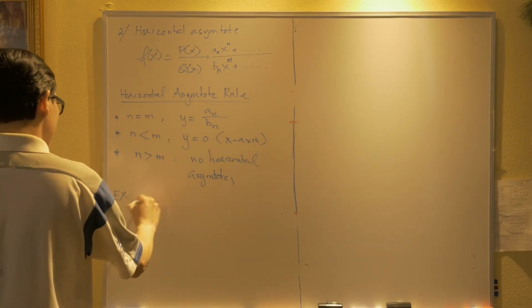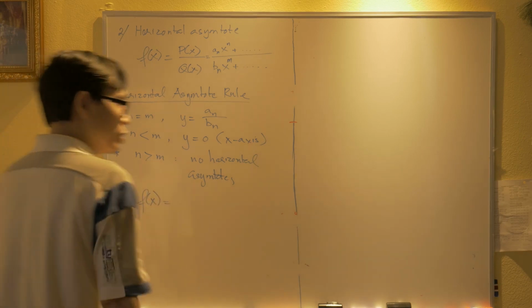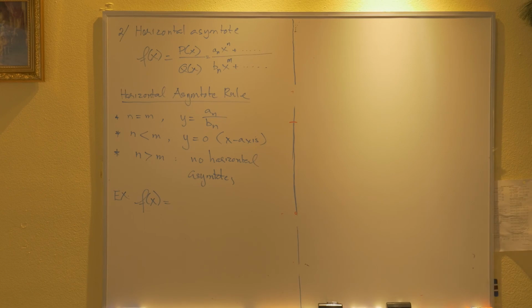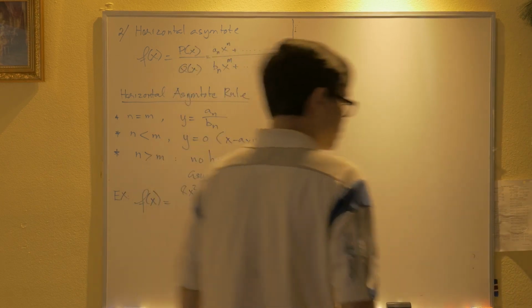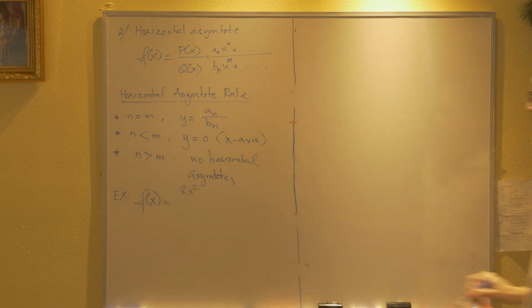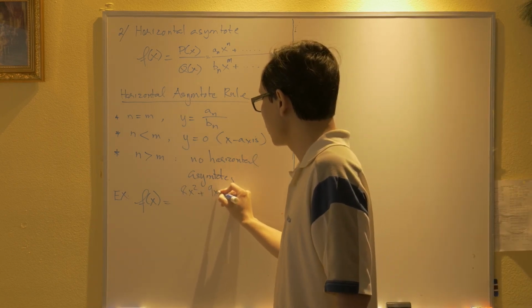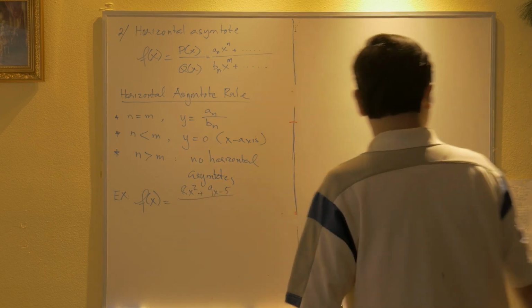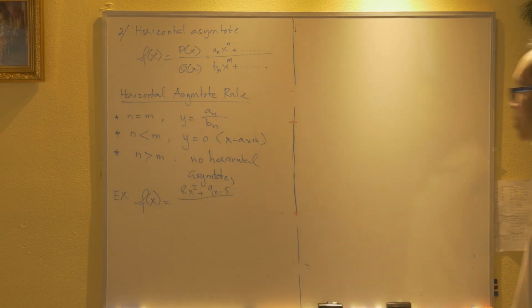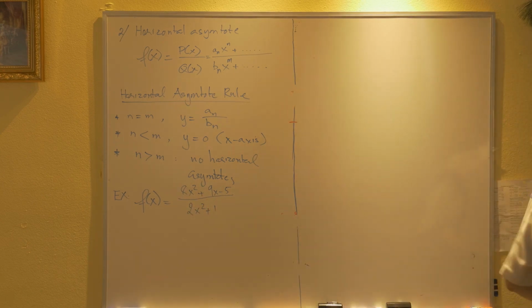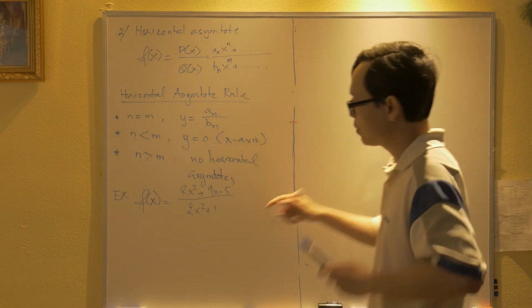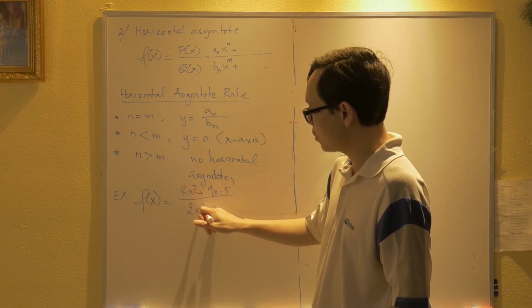For example, I have a rational function that looks like this: f of x equal to 8x squared plus 9x minus 5 over 2x squared plus 1. So what is the highest exponent of each polynomial here? I can see the highest exponent here is 2, and the highest exponent here is also 2.